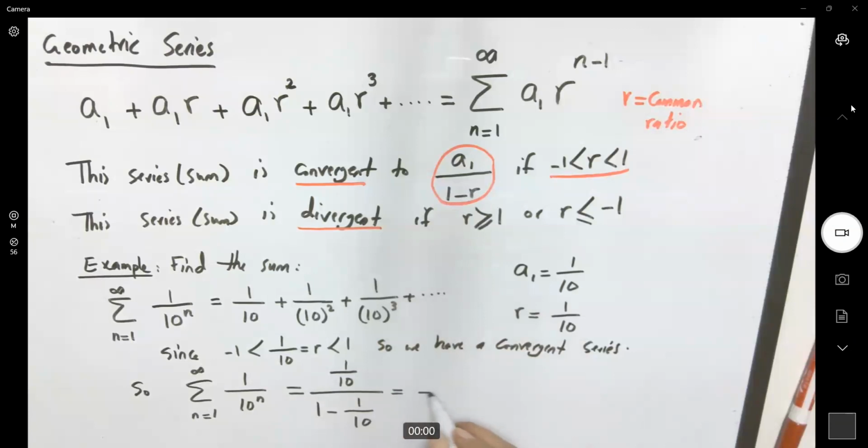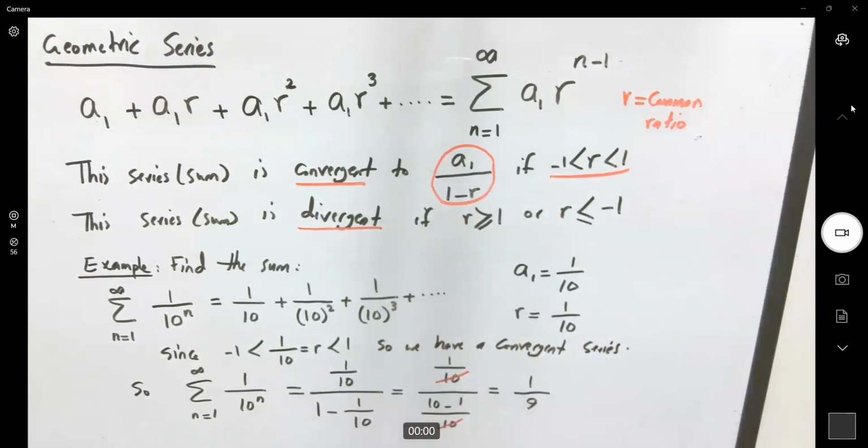Now we just do the algebra. Take a common denominator between these two, you get 10 minus 1 divided by 10, you get 1 over 9. Remember that you can easily cancel out the denominator on the numerator and the denominator.